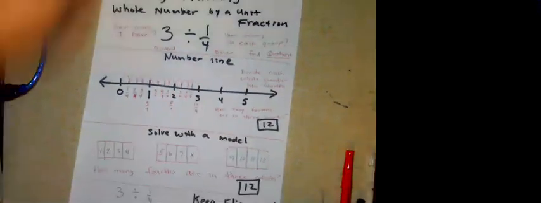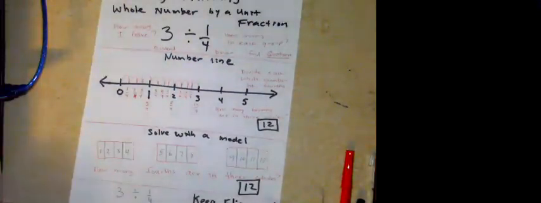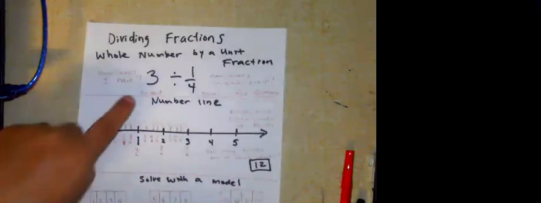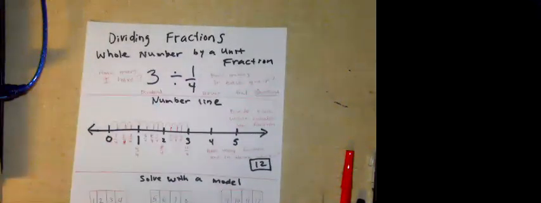So we just went over 3 different ways to divide a whole number by a unit fraction. So how many do we have? We have 3.